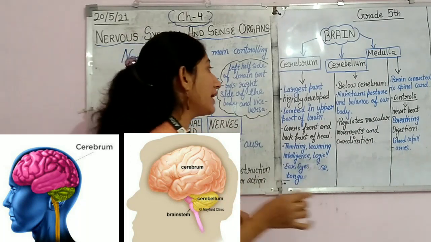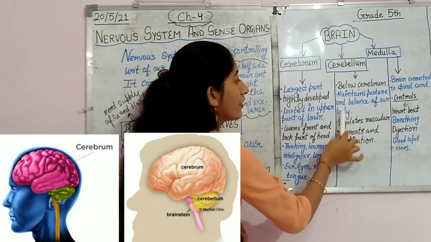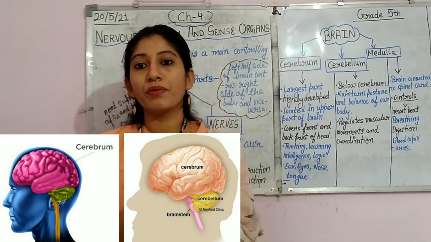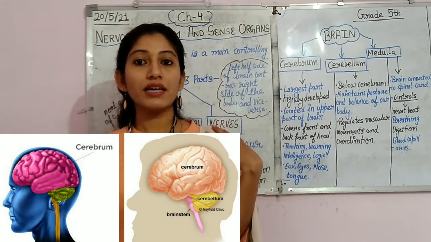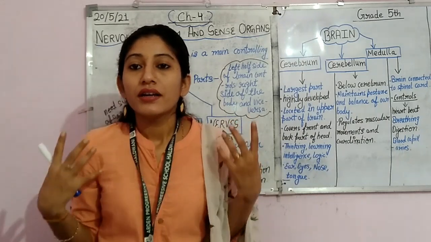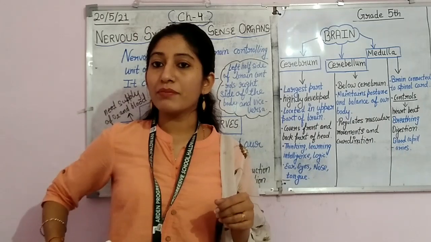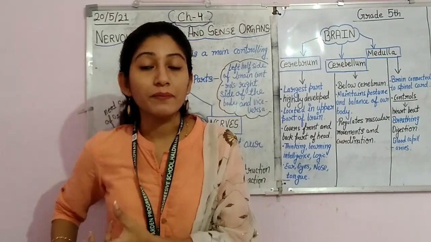So we see that it maintains posture and balance of our body. Posture means how your body is. If somebody is like this, somebody is like this, somebody has some other problem in their body, all these things are controlled by the cerebellum.